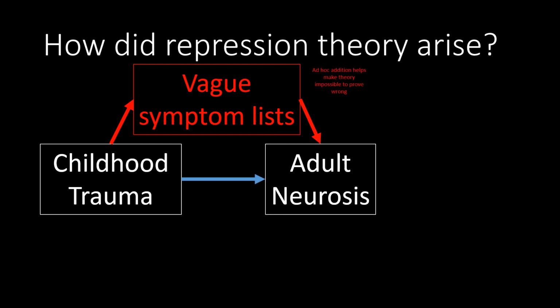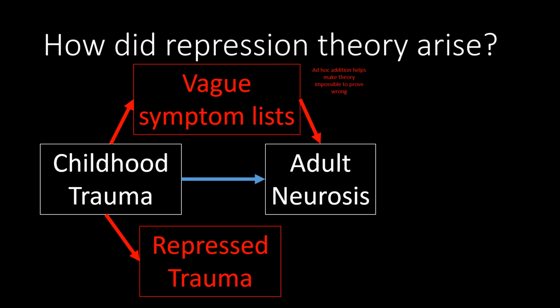Similarly, and more importantly, repressed trauma is an invisible type of trauma that helps preserve this theory. It's an ad hoc addition that makes the theory impossible to prove wrong. Because if you have somebody come in to your practice with severe neurosis or psychopathology, depression, headaches, whatever you want to call it, and then they report no childhood trauma, that would formally have disconfirmed your theory, right?